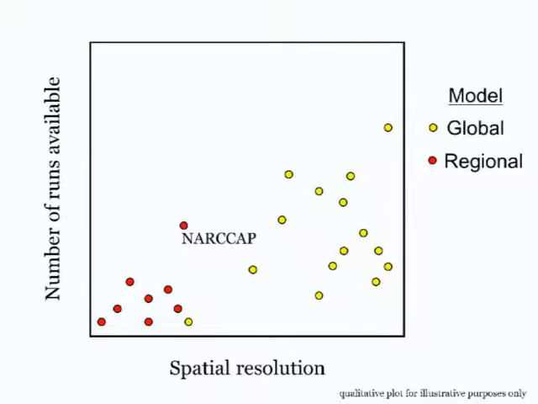So moving into the space, a little context here. We want climate sensitivity. We want detail. We want lots of different variables. This is sort of a conceptual diagram of the space of climate modeling. On the left represents spatial resolution.